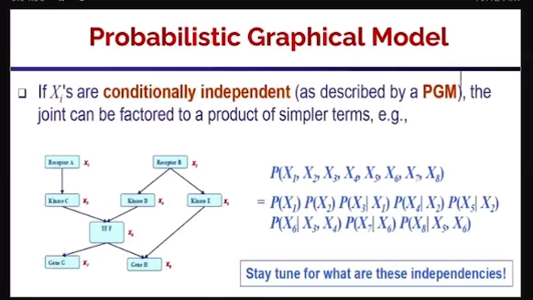I want you to take a look at this. Bayesian network is one of the types of probabilistic graphical model. Bayesian network is directed acyclic. What do I mean by acyclic? There's no cycle, which means the moment it starts from a node, you can't come back to the node.